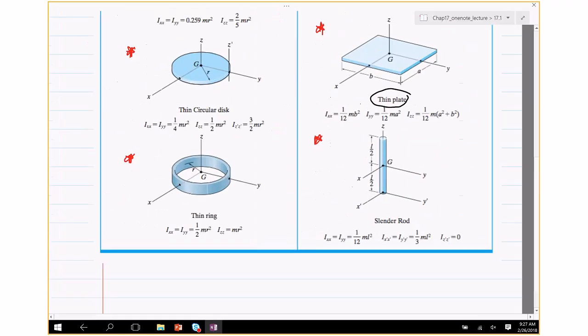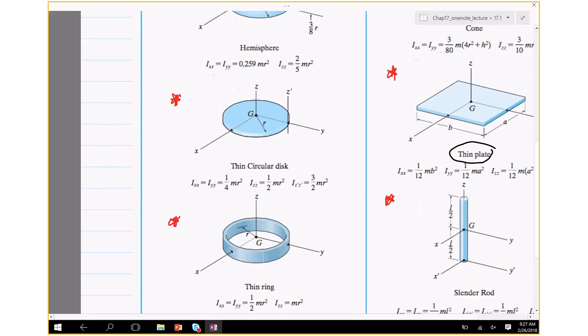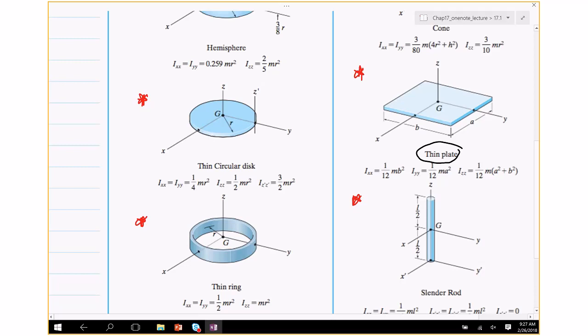This is a thin circular plate which I'm after. I need to find the inertia about Z, because it's going to spin about an axis perpendicular to the plate. So it's IZZ, which is what I'm after. It's half m times the radius squared.